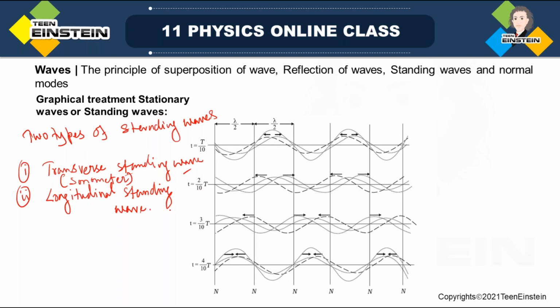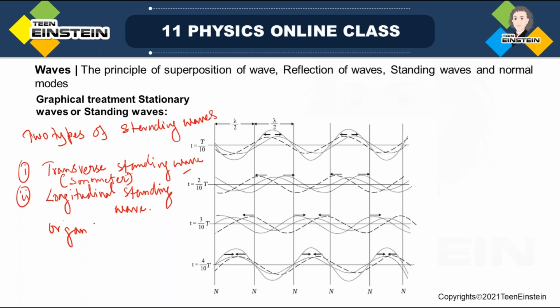Similarly, when two identical longitudinal waves are traveling in the opposite direction and overlapping each other, they will produce a standing wave, and those are called longitudinal standing waves. For example, organ pipes, and then Kundt's tube.